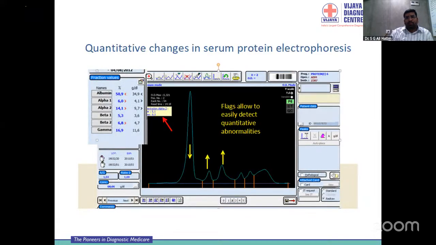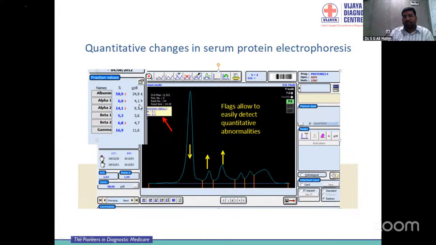Now coming to how we see the graph, how we quantify, and how we come to know whether a fraction is high or low by seeing the electrophoregram. This is the screenshot of the instrument we are using here, the Sebia Minicap. On the left side, we have all the protein fractions with their percentages and concentrations.